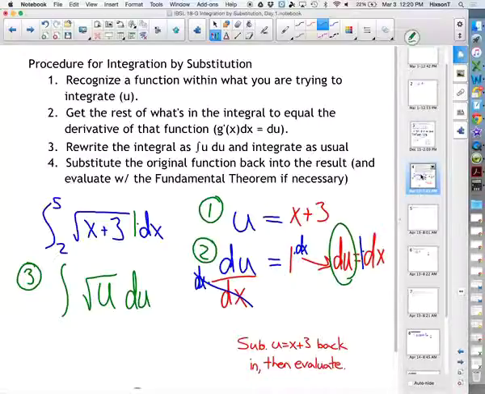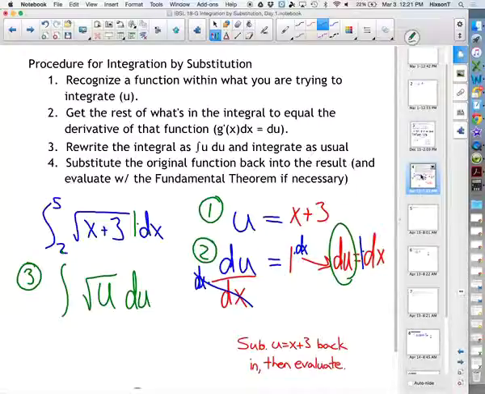Once we integrate, we substitute the 2 and the 5 in for what variable? X. Okay. It's with respect to x, and we've got x's here, right?